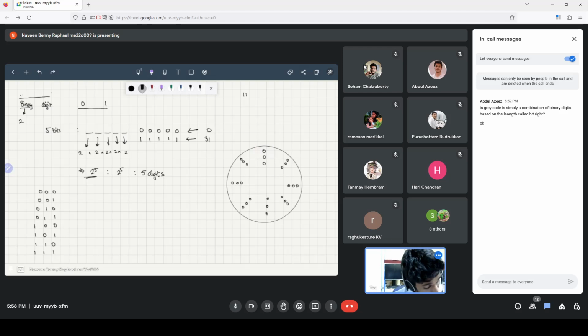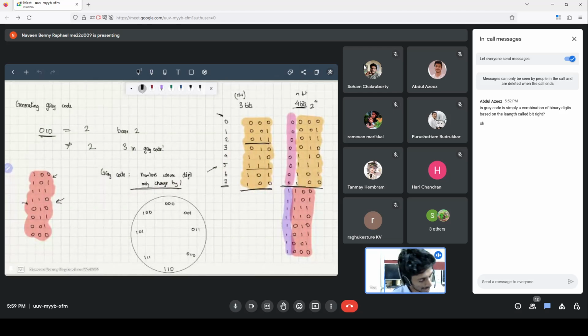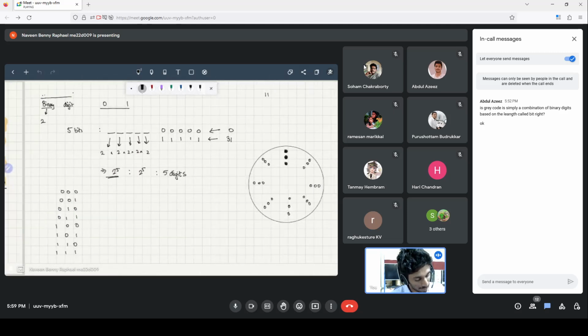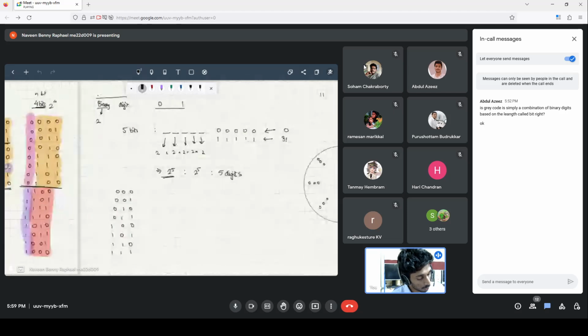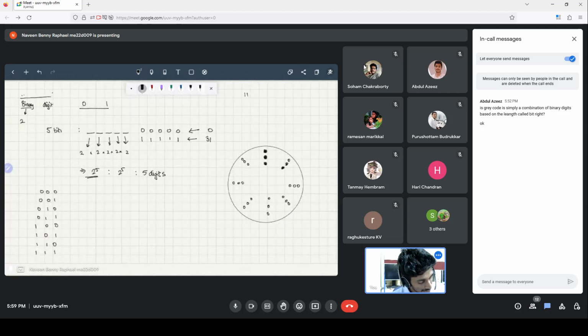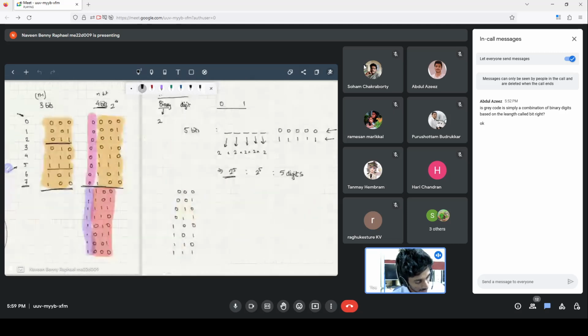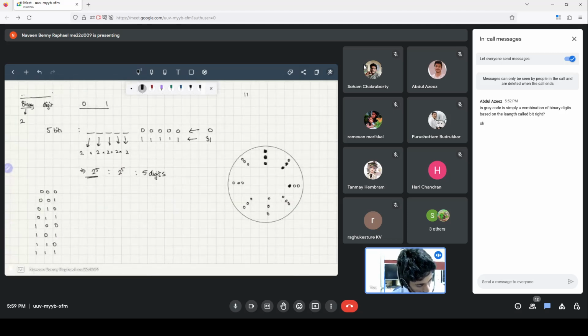I'm filling these holes based on what the representation is supposed to be. So every time I see a 0, I'll fill the hole. For 001, I'll fill the first two. For 011, I'll just fill the first one, and so on.